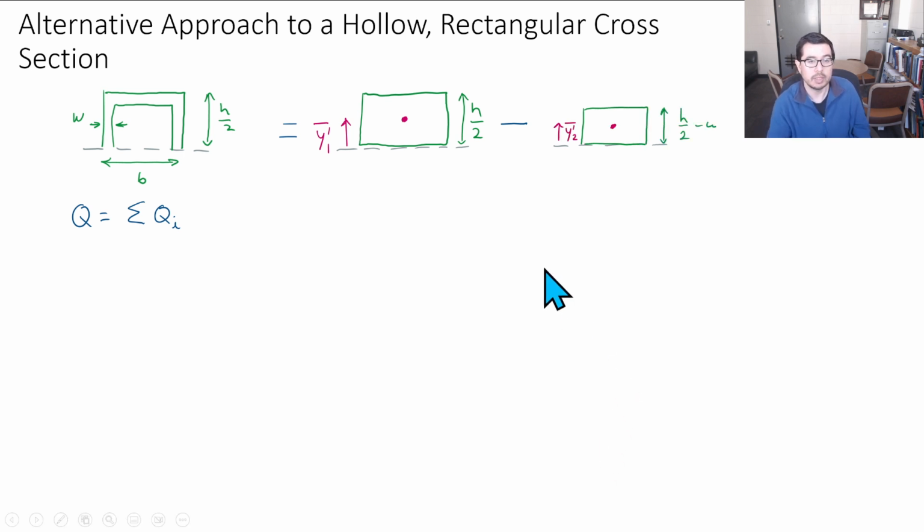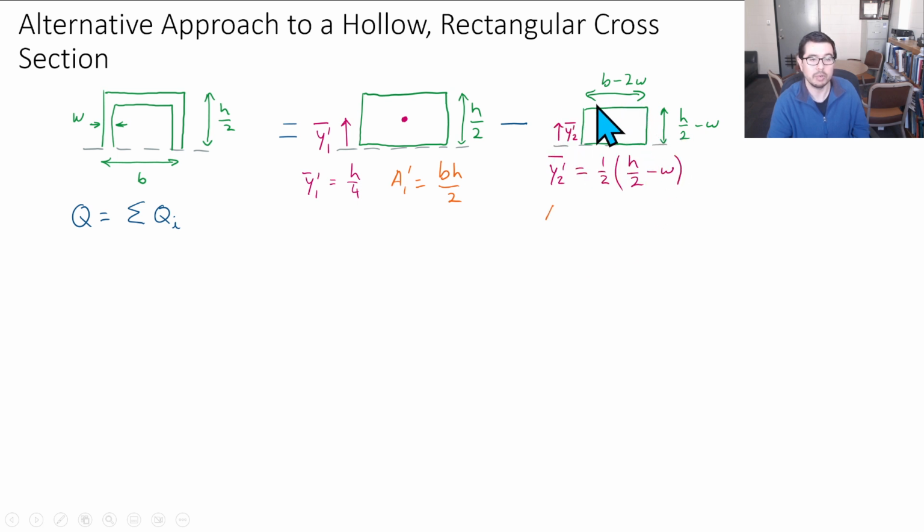And what's nice is that we can subtract, or these different Q's sum up with each other. So once again, we'll go quickly here, but we see that y1 bar prime for this region can be defined by h over 4, and A1 prime can be described as bh over 2, and we can do similar calculations for this region that we're removing.